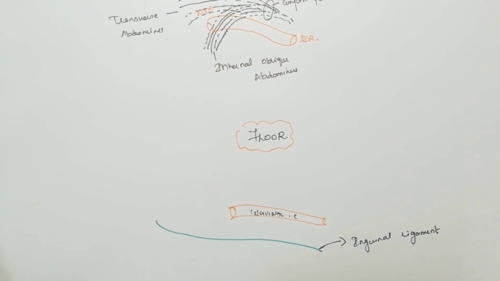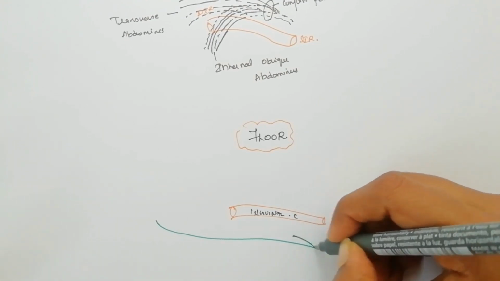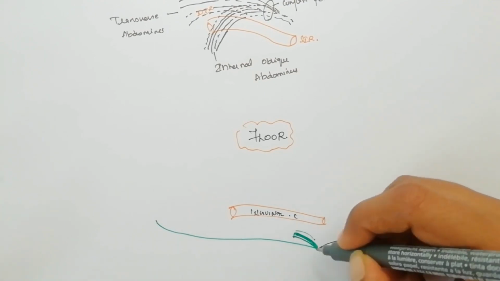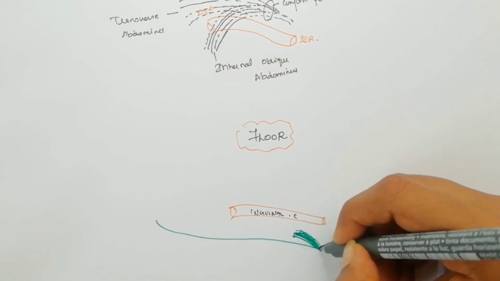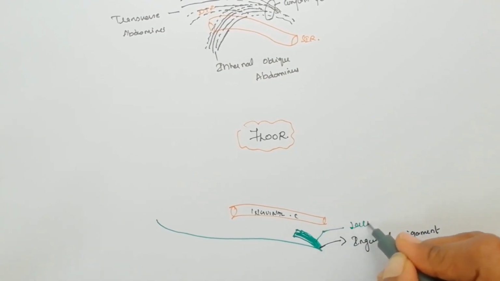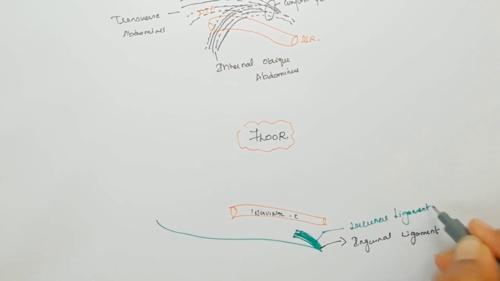So the floor is formed by this inguinal ligament, and from the inguinal ligament we have got some more fibers extending towards the floor. Those fibers, which are triangular in shape, are called the lacunar ligament. So the floor is contributed by the inguinal ligament and also by the lacunar ligament.